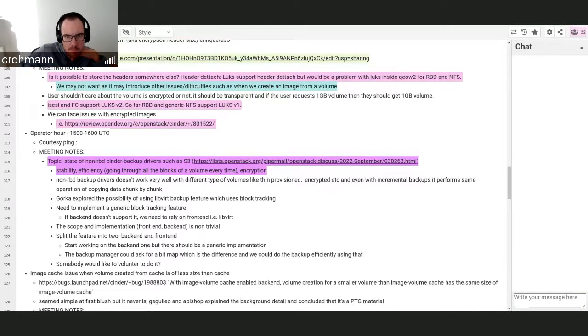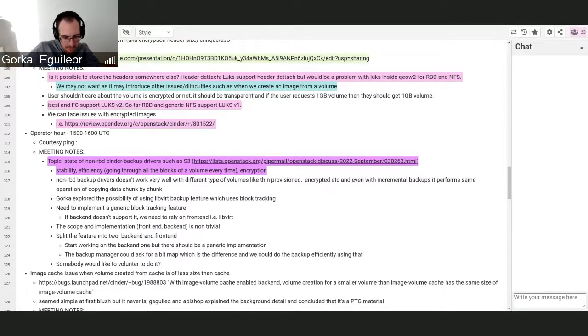The trick here is where would we keep that encryption key? Would it be in Barbican, like we do with volumes, or somewhere else? Or would it just be a config value, right? Is it really managed, or is it just statically configured?